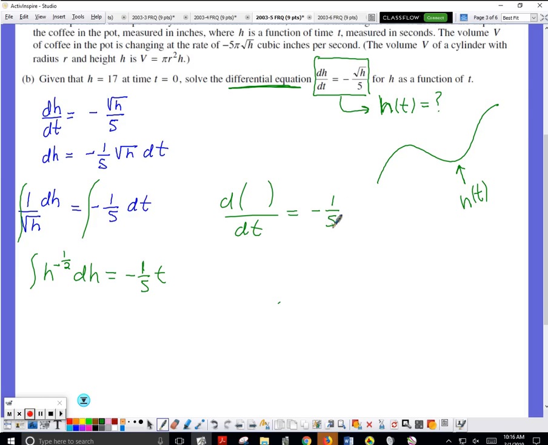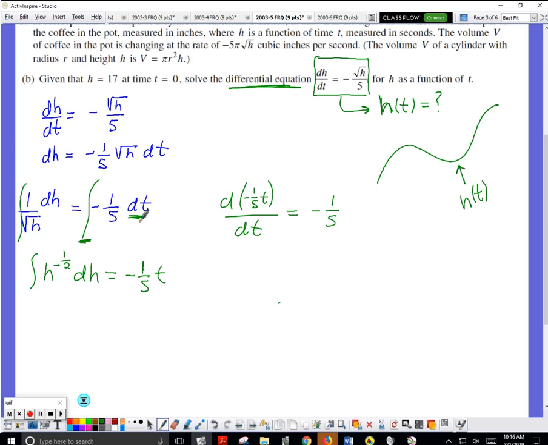What did you start with? Negative 1/5 t. The derivative of negative 1/5 t is just negative 1/5. So this is the antiderivative, we're just going the other way. We found the antiderivative, so this symbol disappears and this symbol disappears. Does that answer your question?